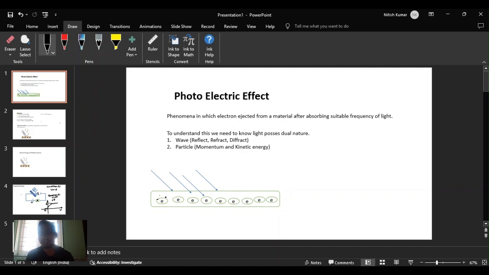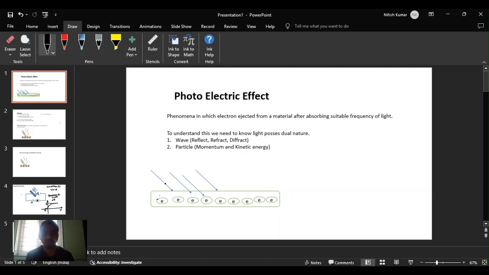When light falls on the metal, it ejects or emits electrons. When light falls on any metal surface with a suitable frequency, the metal emits electrons. So how does this phenomenon occur? In the photoelectric effect, we understand how a metal ejects electrons from its surface on the falling of light of suitable frequency.